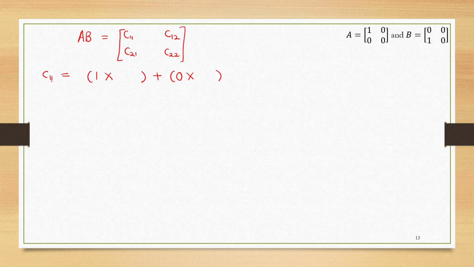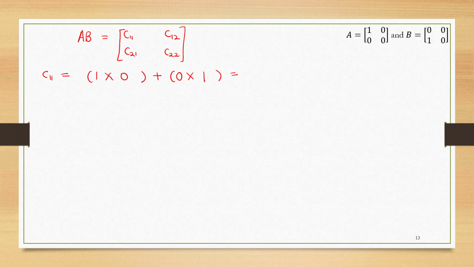A is 1, 0, 0, 0, B is 0, 0, 1, 0, and we have observed that the order of AB will be 2 cross 2. So let's write C11, C12, C21, C22. Since the common value was 2, we are going to take 2 brackets. So C11 is equal to one bracket plus the other bracket. Here we have the first row of A, that is 1, 0, multiplied by the first column of B, that is 0, 1.